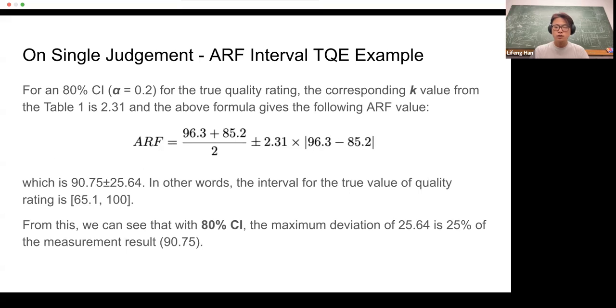In other words, the interval for the true value of quality rating is between 65 and 100. From this, we can see that with an 80% confidence interval, the maximum deviation of 25.64 is 25% of the measurement result.